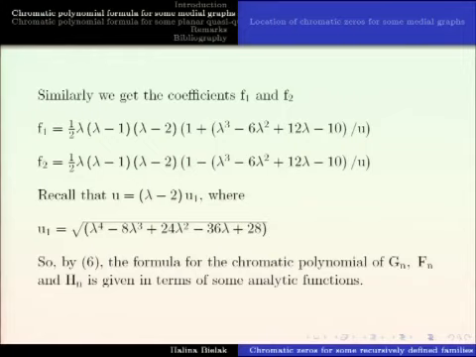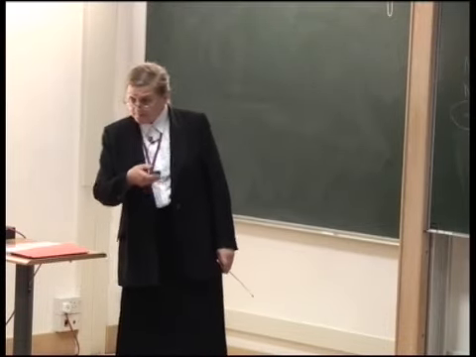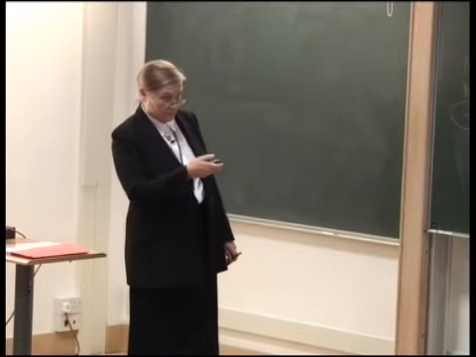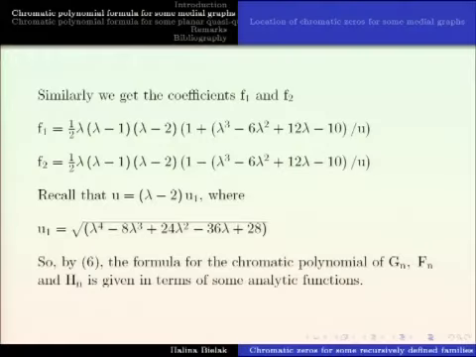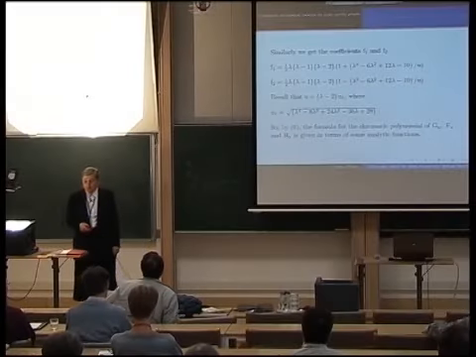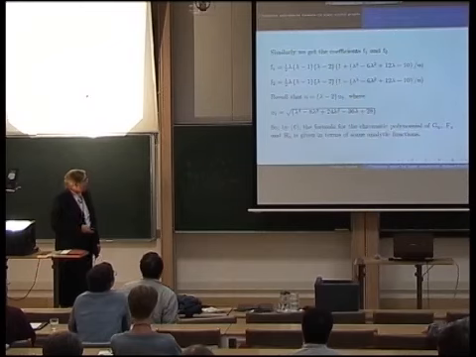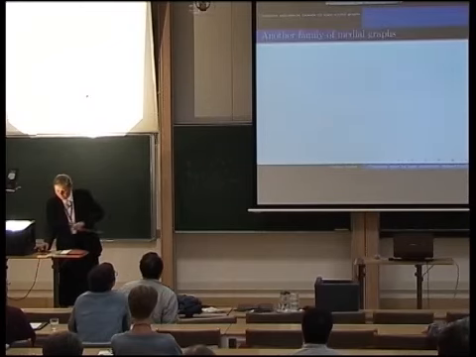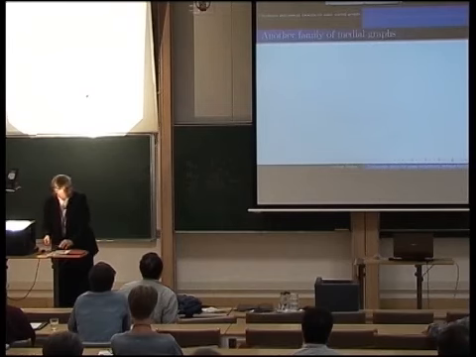So if we consider this fact together with the previous equations for the chromatic polynomials of these three graphs, we can note that these chromatic polynomials are given in terms of some analytic functions, so we can study the location of the zeros using the special method from this branch.